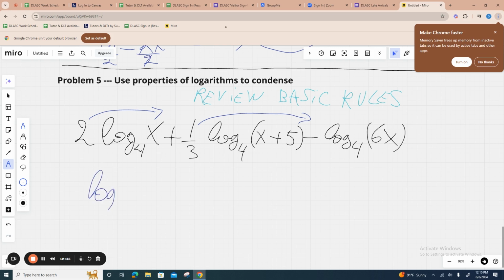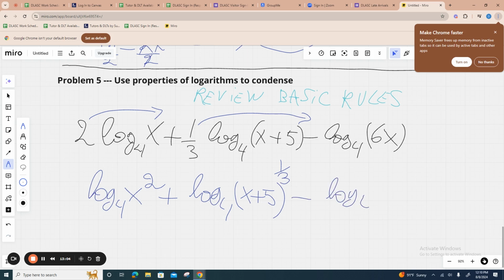So this is log base 4 of x squared plus log base 4 of x plus 5 to the power of 1/3 minus log base 4 of 6x, all of that in there.